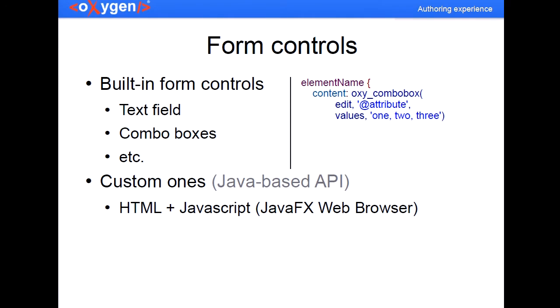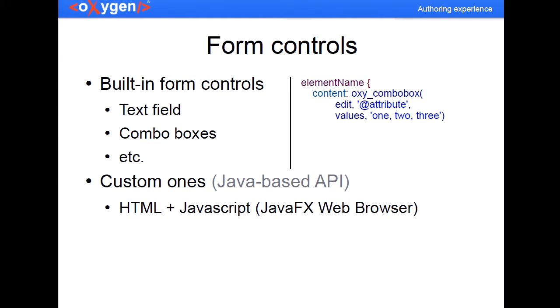So again, a bit about form controls. We introduced the form controls three or four years ago to help with some specific tasks, inserting certain content. We have a lot of built-in form controls like text fields and combo boxes.